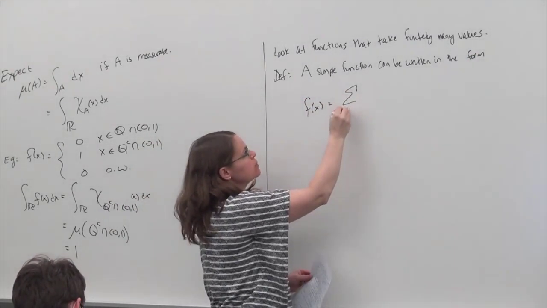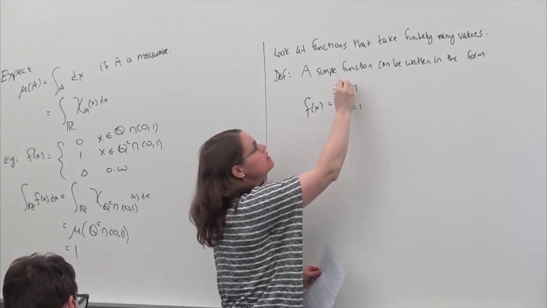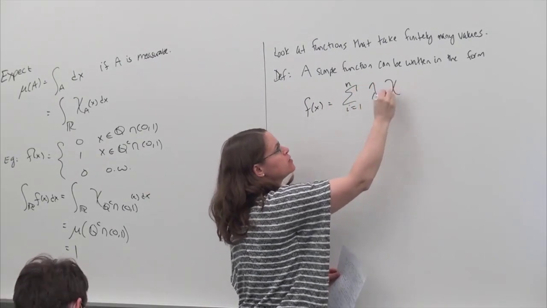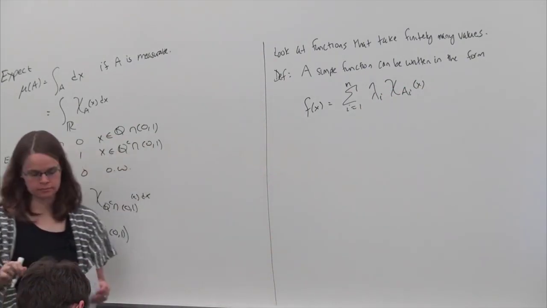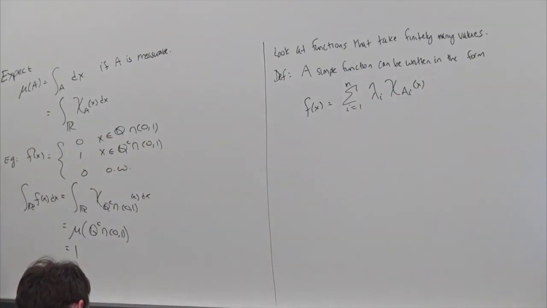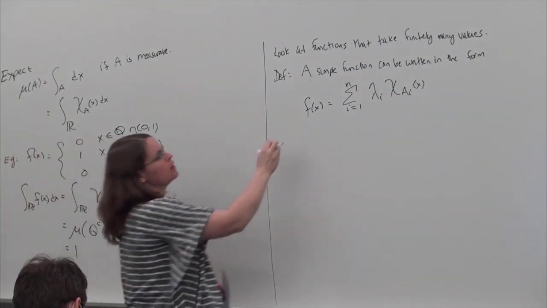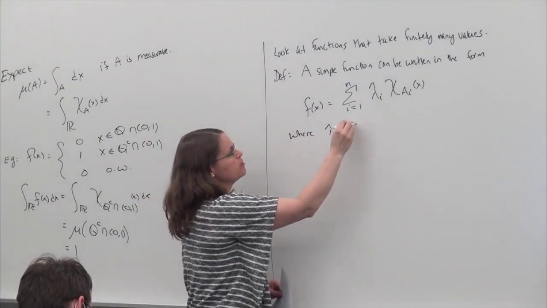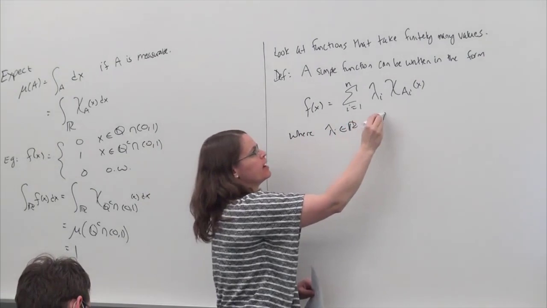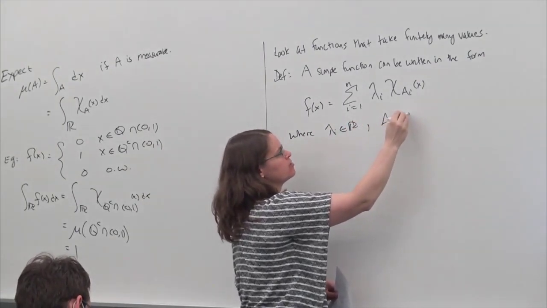Okay, so just some kind of linear combination of characteristic functions. Okay, where the lambdas are just some real numbers, and the A_i are some measurable sets.